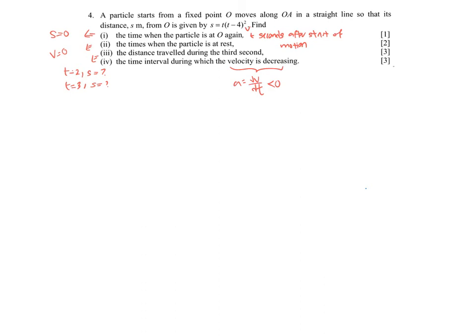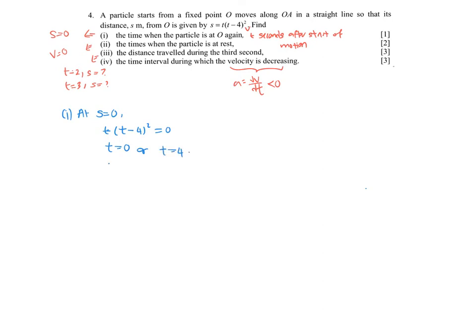For part 1, the time when the particle is at O again, as mentioned earlier, is when displacement equals 0. So we will have t(t minus 4) squared equal to 0, and this will give me t equals 0 or t equals 4.